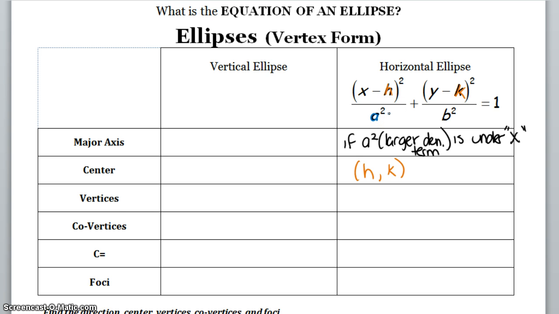The vertices come from taking the square root of a squared. And so if you wanted to know where the vertices were, you could take your center point and go from your center along the x direction, so horizontally, plus and minus our value of a. So basically, if you're thinking about the graph, you're going to move a units in the direction of the major axis.